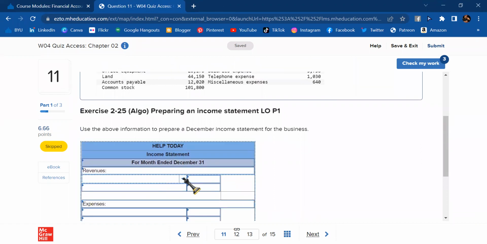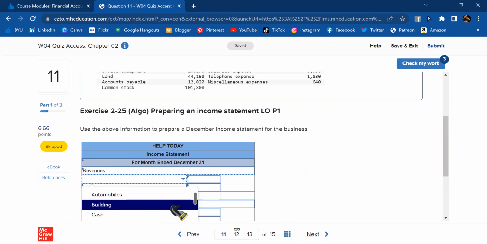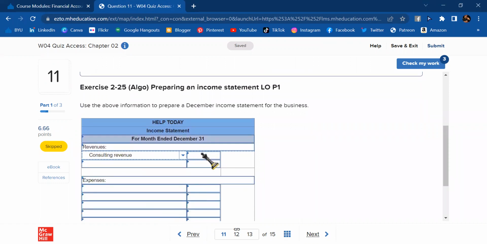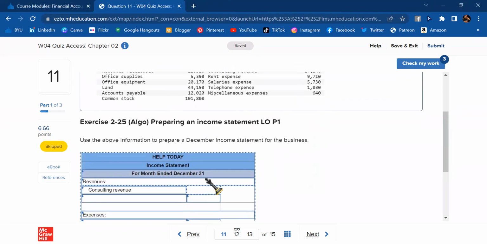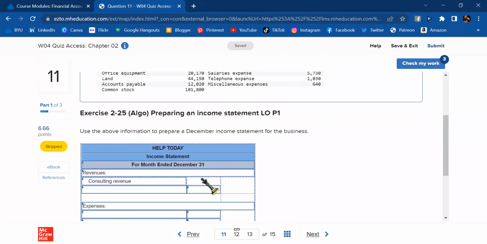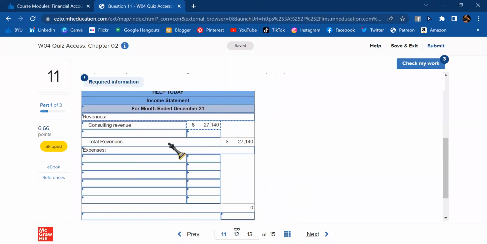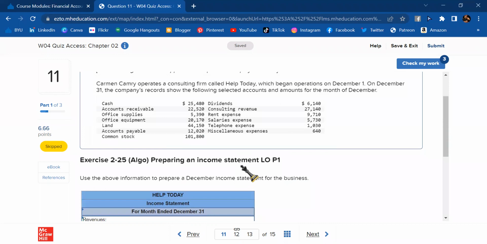So we're going to say consulting revenue and plug in 27,140, and that should give us our total revenue right there. Then we're going to move down to our expenses. We do have a good amount there: our rent expense, salaries, telephone, and miscellaneous.